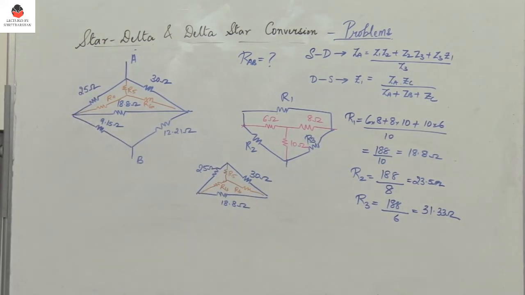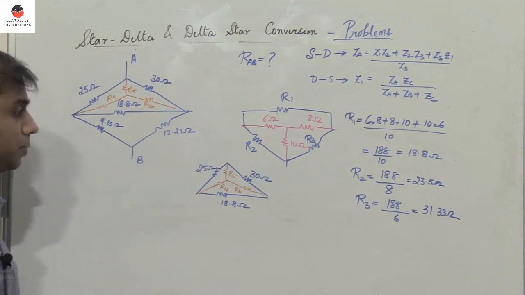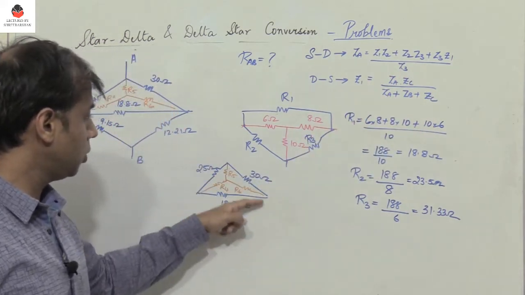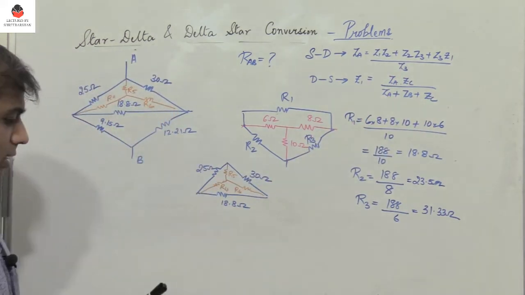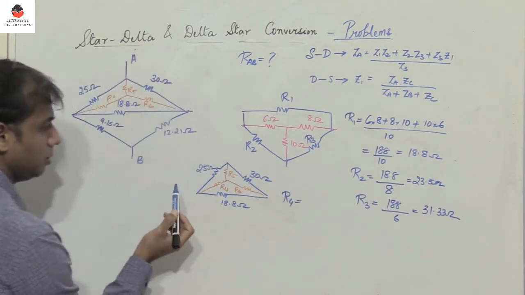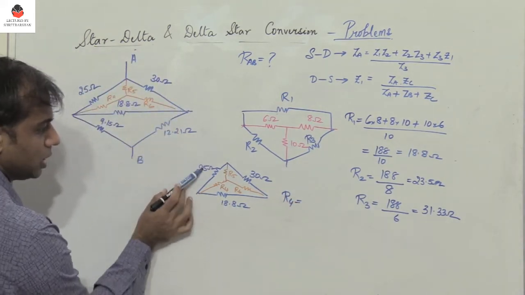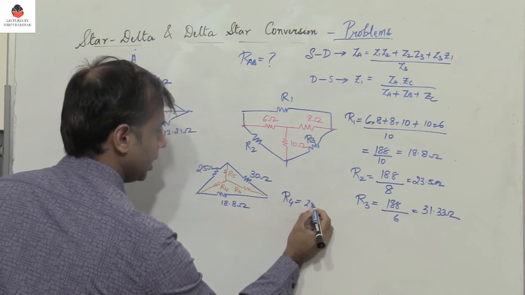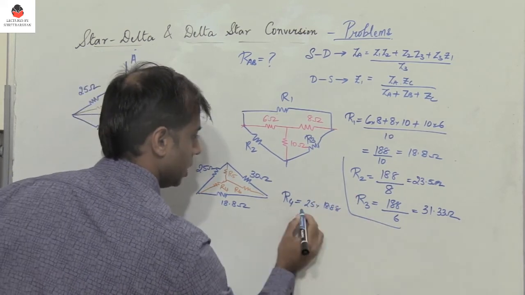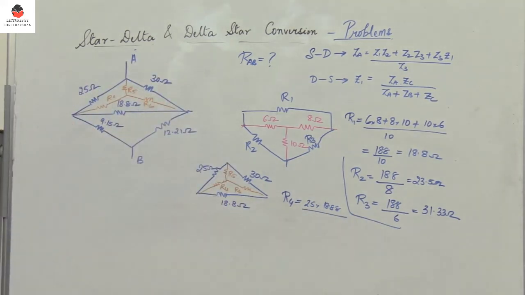How do we convert a delta to a star? So delta to a star is very easy. Observe here, the denominator is the sum of all the three resistors, and to find R4, it is nothing but the product of these two resistors, which is 25 into 18.88 divided by the sum of all the three resistors.